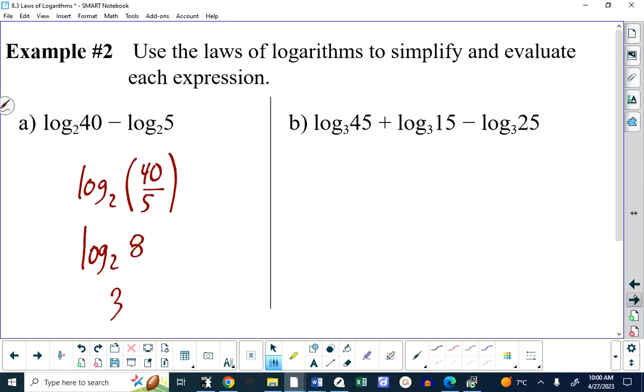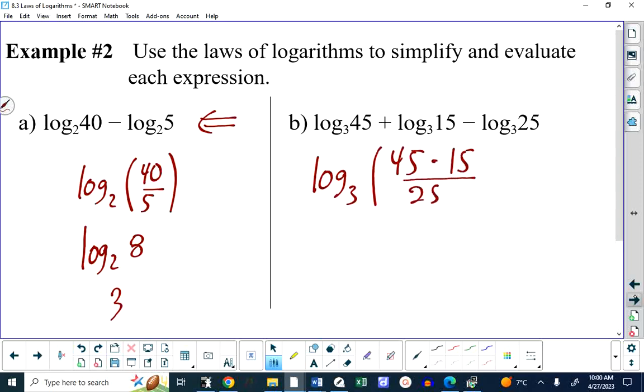We're kind of back in the same arena that we've been in before, which is, if I say to you that you can simplify this and figure it out without a calculator, then change its appearance. Combine the two logarithms into one and see what happens. Here, this is going to be log base 3 of 45 times 15 over 25.